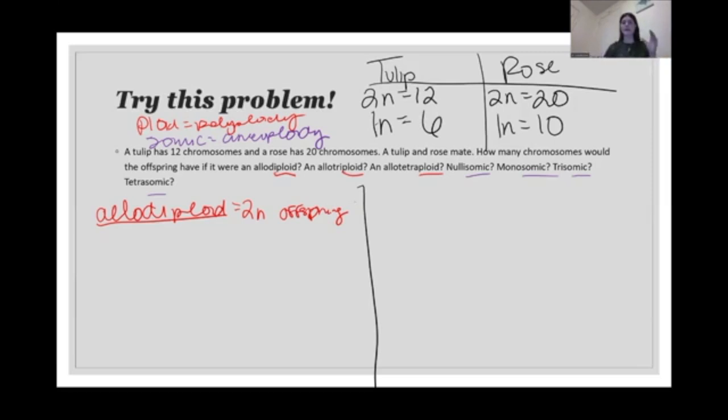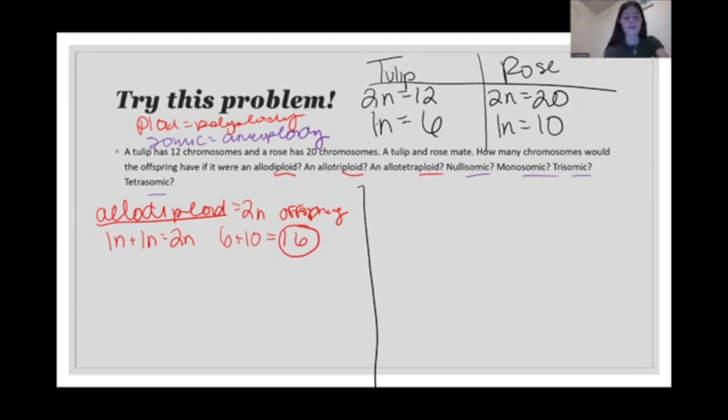Well, I'd have to do 1n plus 1n. So where do I get those 1n's from? Well, I go to my tulip and I go to my rose, and we know that they mate, so I have to get one number from each. My tulip, my 1n is 6, my rose, it's 10. So I would be doing 6 plus 10 equals 16.